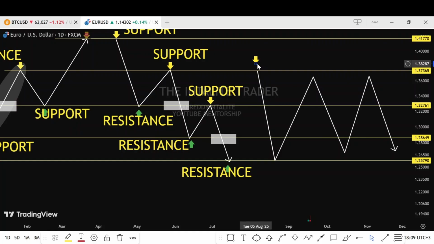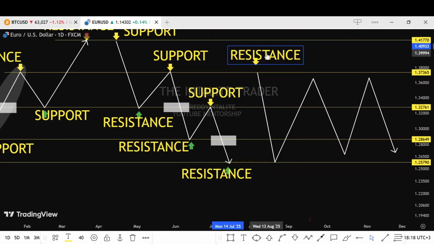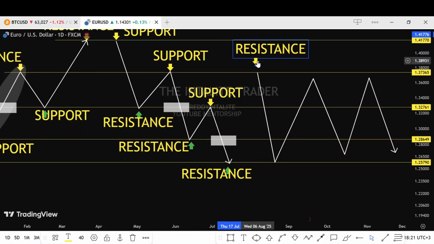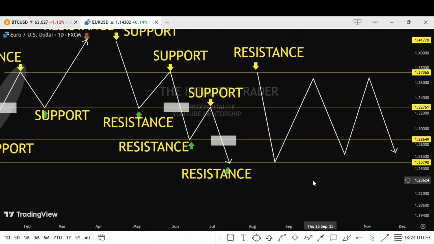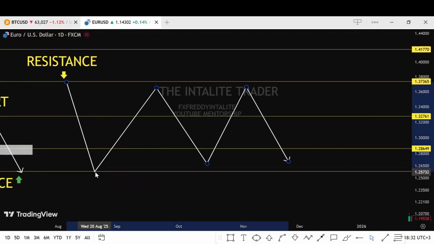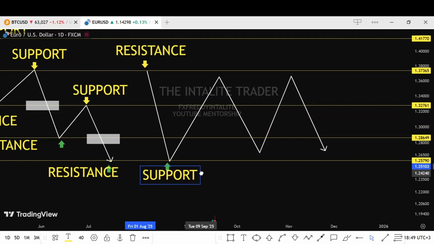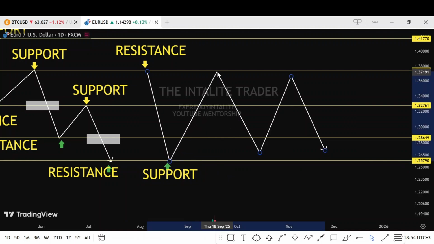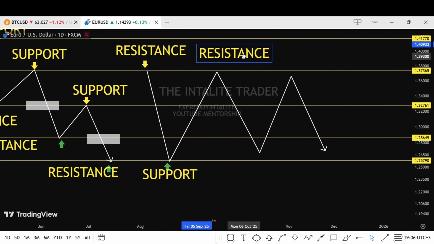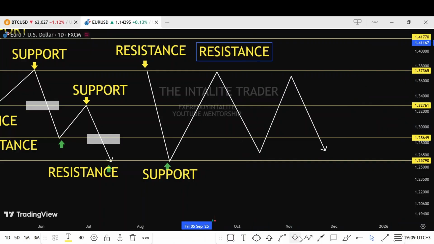We shall say this is our resistance. Price is at resistance here, and then price comes to this level. We shall call this a support level. This becomes our support level, and when price goes back to the same level up, this becomes another resistance level.